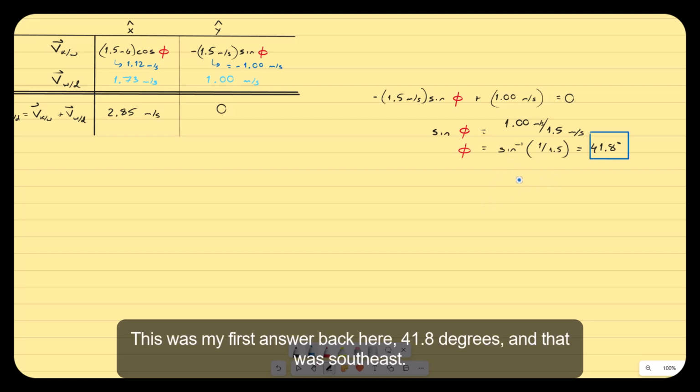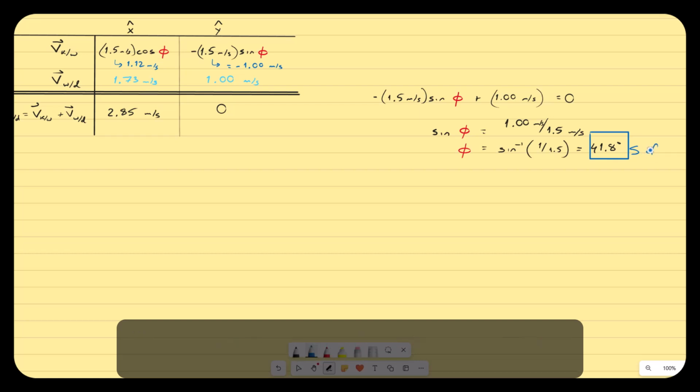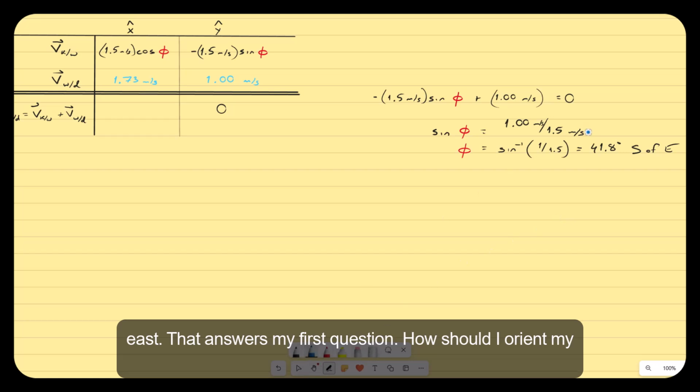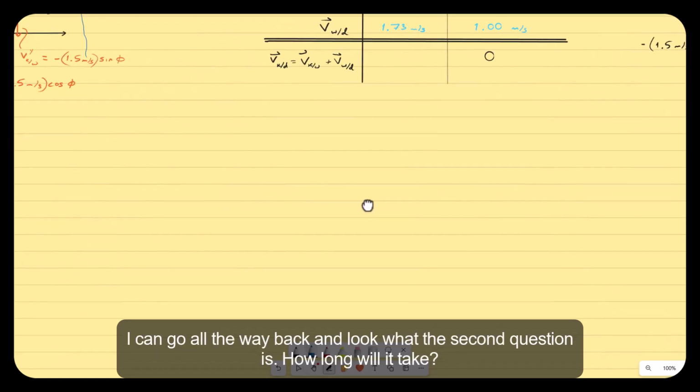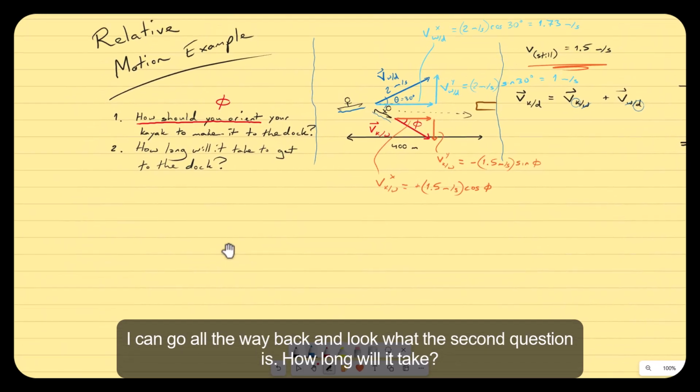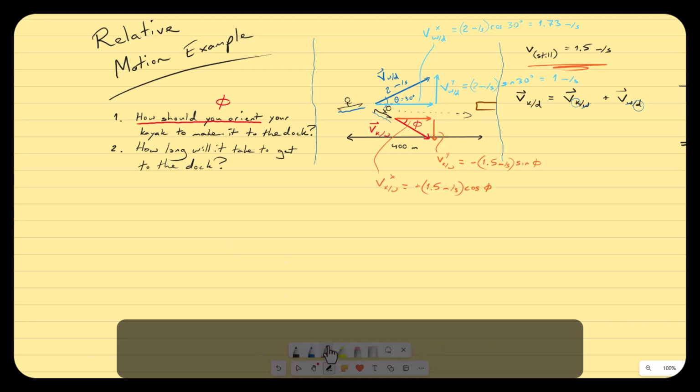This was my first answer back here, 41.8 degrees, and that is south of east. That answers my first question. How should I orient my kayak? I'm going to go all the way back and look at what the second question is. How long will it take? How long tells me I am solving for t.